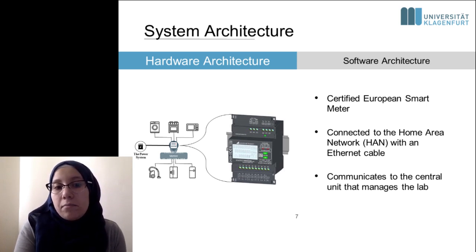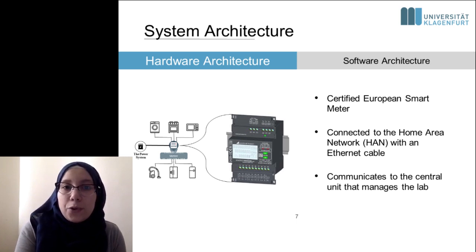And the second advantage of this smart meter is that it has an Ethernet connection through which we can easily connect it to the local network of the lab and communicate within the lab.